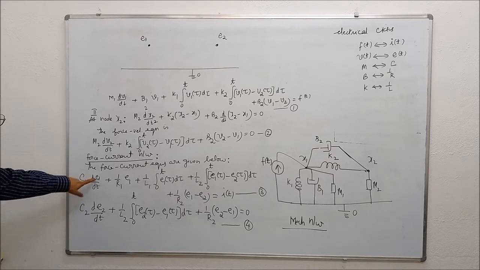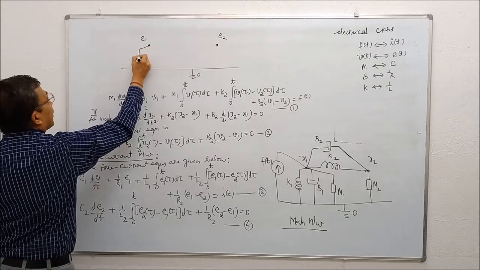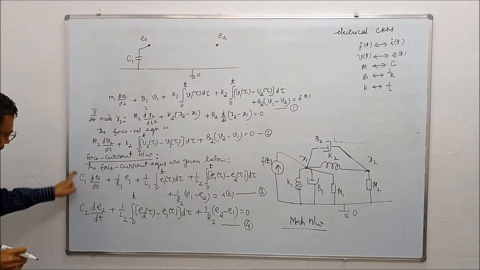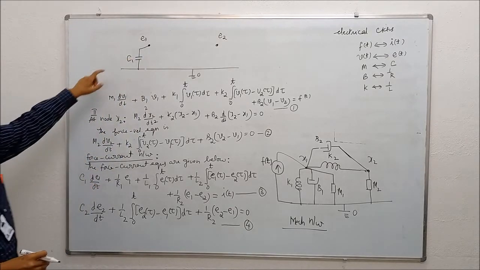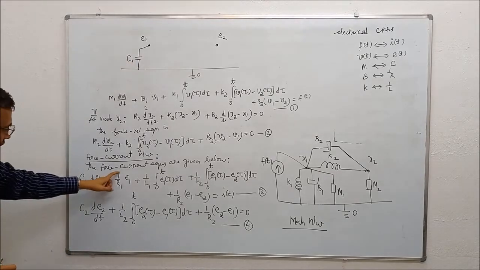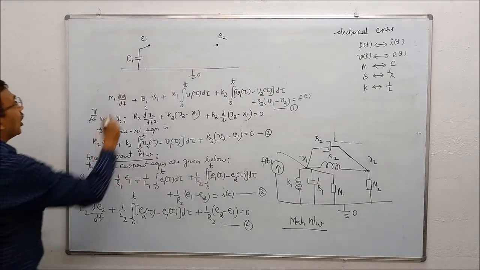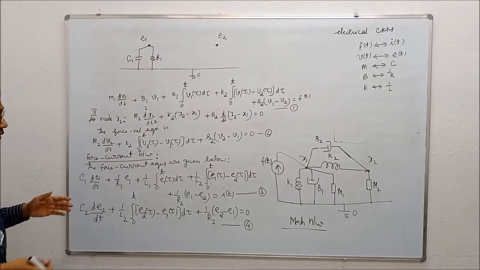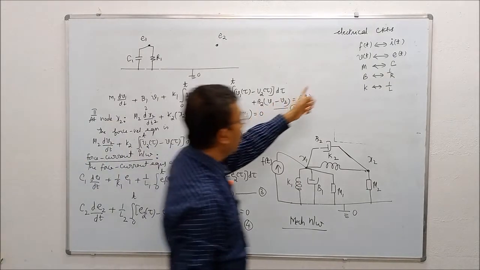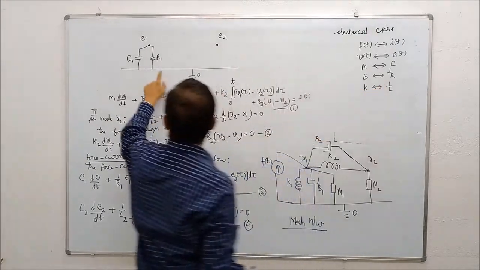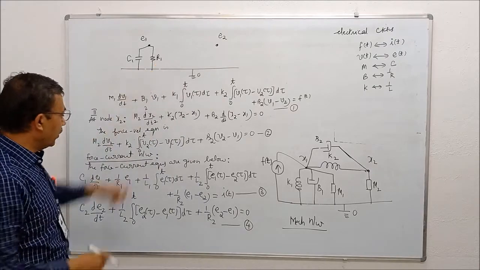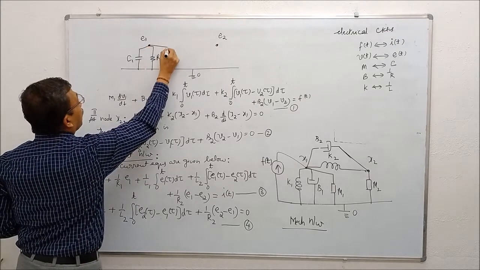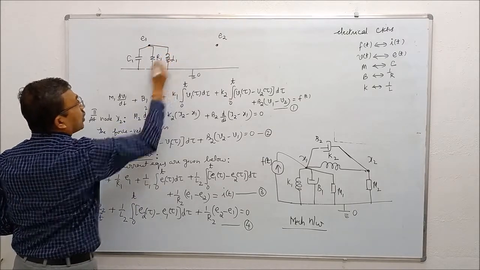Voltage across C1 is E1. This term contains E1. Therefore, we have drawn C1 between E1 and ground. Next term contains E1. So, R1 is drawn between C1 and ground. In fact, R1 is 1 by B1. B is 1 by R, so what is R? 1 by B. Therefore, this R1 is 1 by B1. This term contains E1. L1 is drawn between E1 and ground.